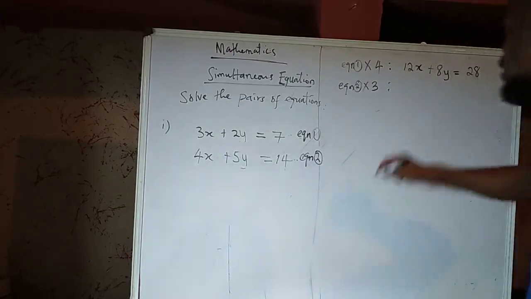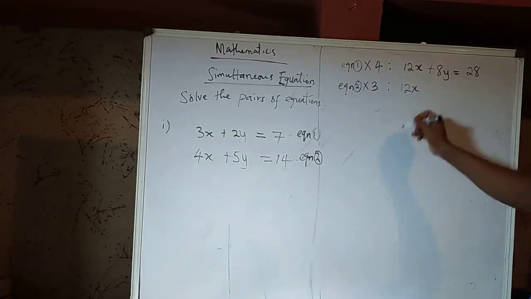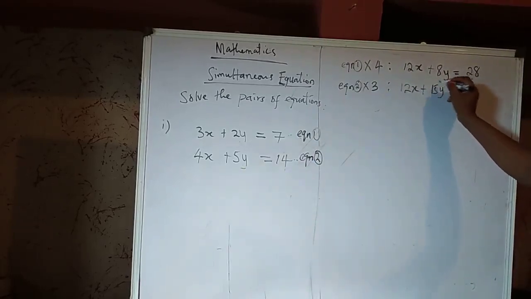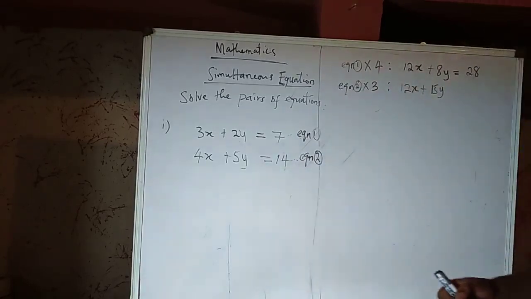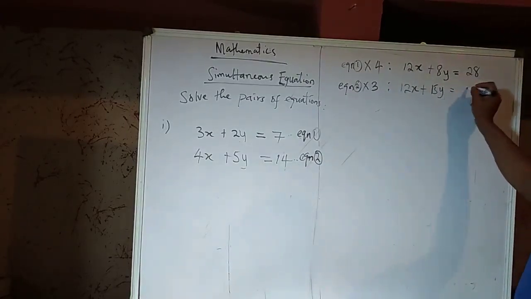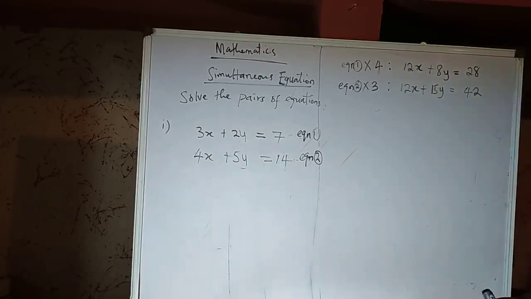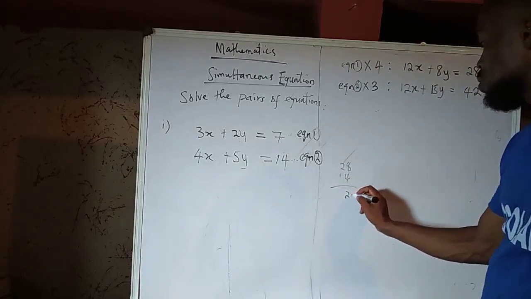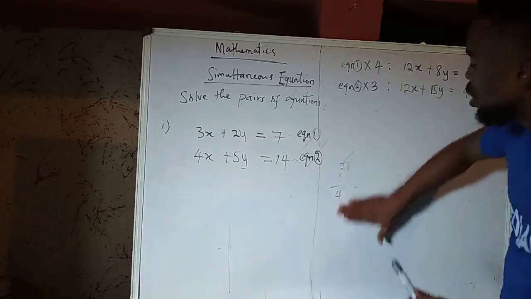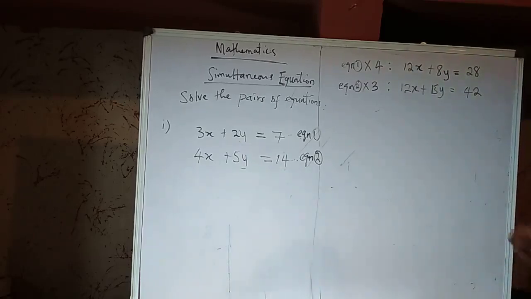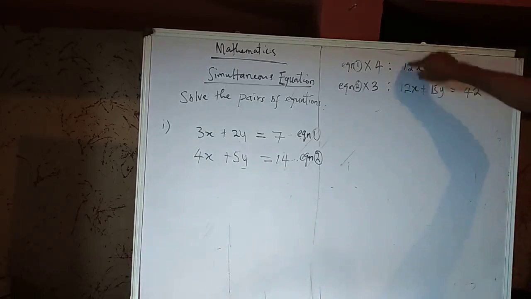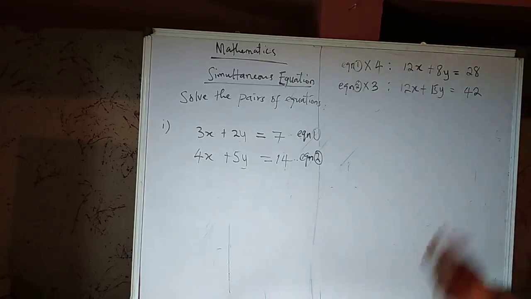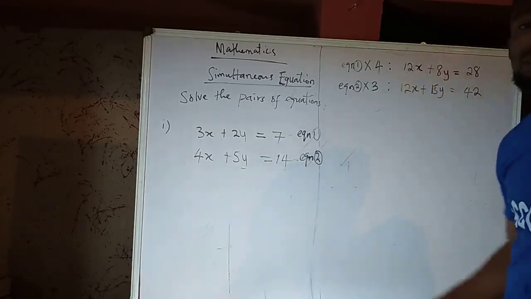I get 3 times 4 to give me 12x, then 3 times 5y to give me 15y, then 3 times 14 to give me 42. 28 plus 14 gives me 42, I'm correct. Now you can see that I have been able to achieve the coefficient of x to be the same. If you want a recap of how I got it, just replay the video.